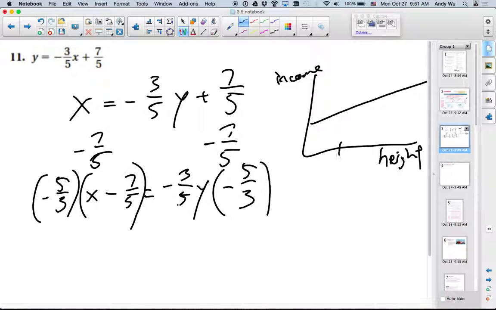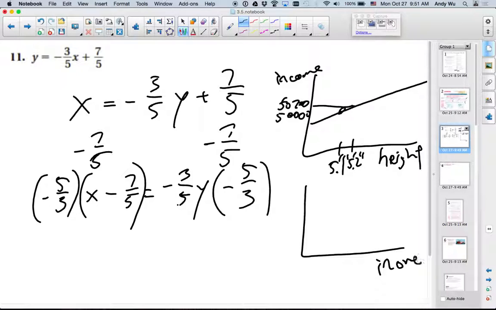So if you're 5'1" and 5'2", then let's say this is 50,000, and this would be 50,700 a year. Okay, are you with me right now? Okay. To do the inverse simply means to switch it from income to height.